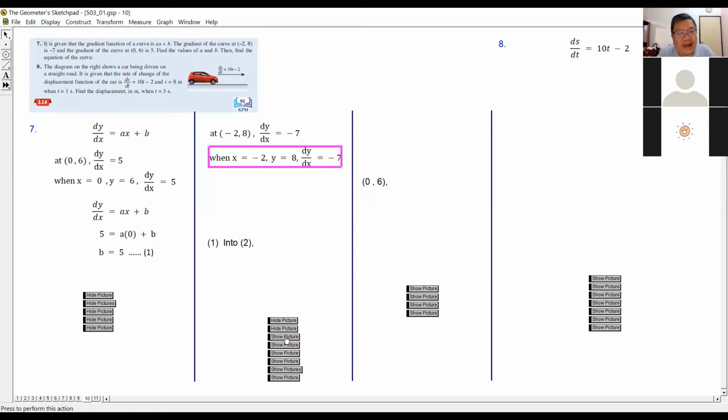Like what we did just now, we are going to substitute inside dy/dx equals ax plus b, because we are given the value of dy/dx. The dy/dx you substitute with -7.